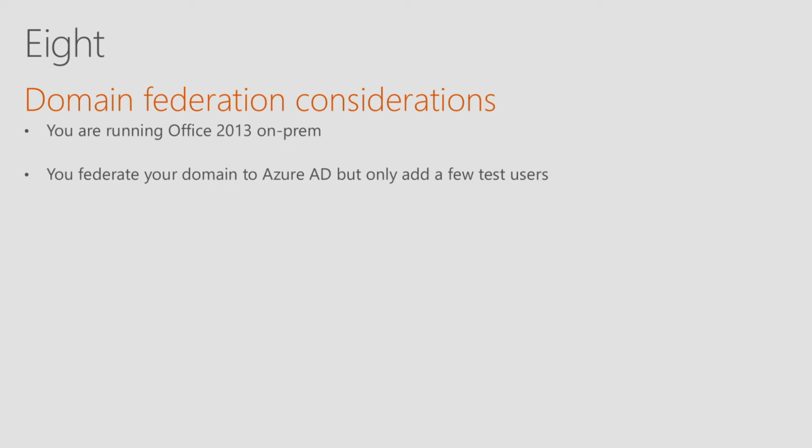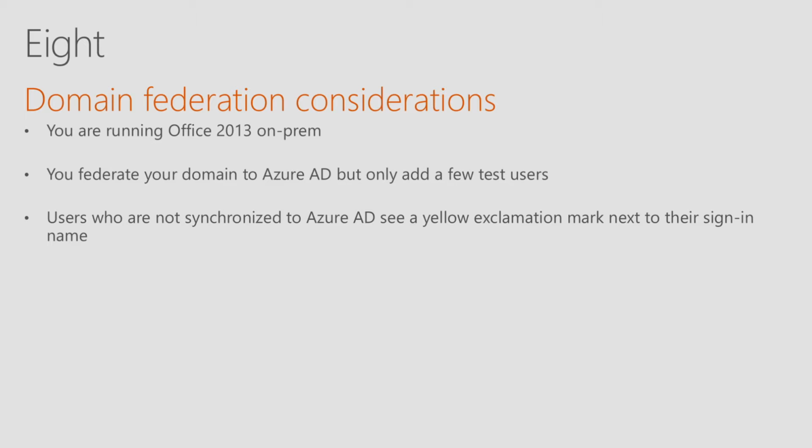They will sometimes see a yellow bang or exclamation point next to their name in the top right corner. Those are telltale signs that this user doesn't really have a profile in Azure AD after the domain was federated.